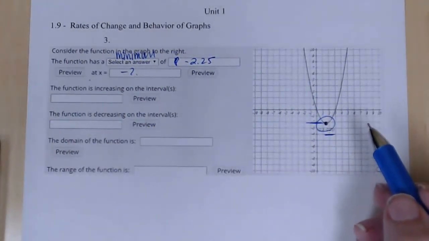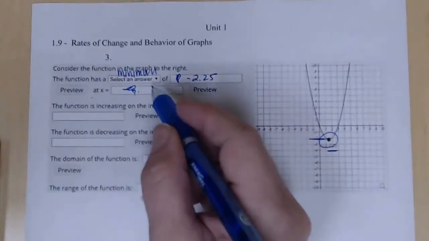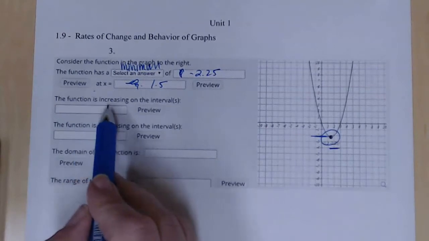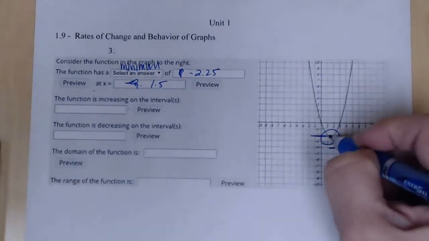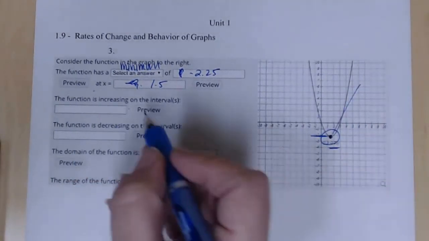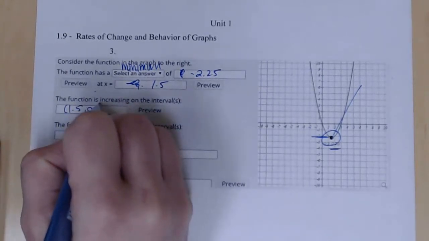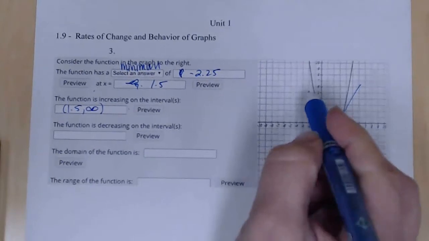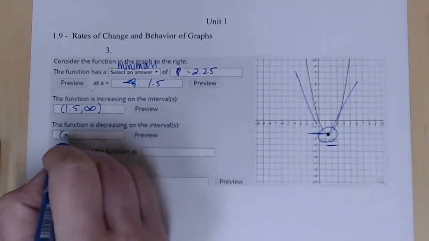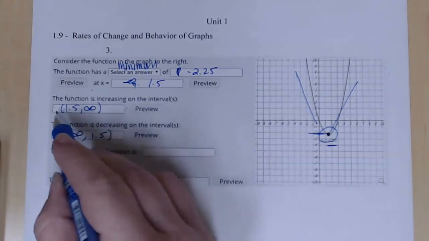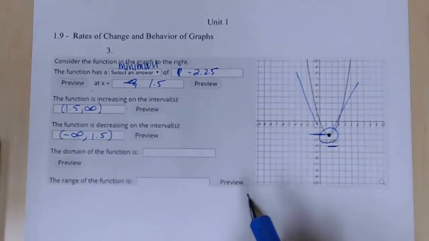It's kind of small print, but that was 1.5. Then it says the function is increasing. So notice from this point on, it's increasing, from 1.5 to positive infinity. It's decreasing over here on the left, so I would say negative infinity to that 1.5. Notice I'm still using interval notation, parentheses there when it gets to 1.5.